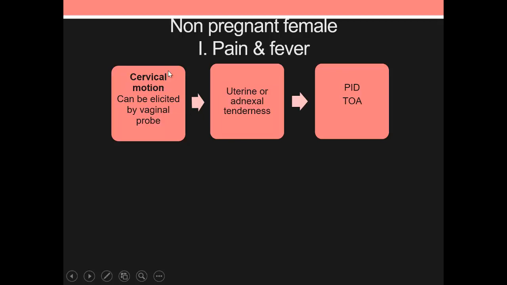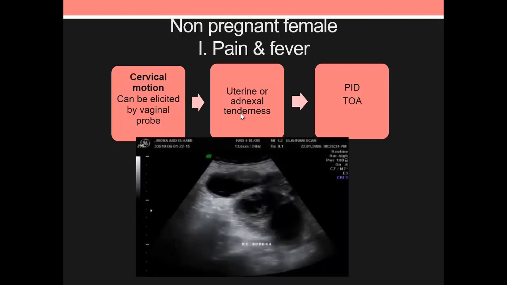So we have many tests, like cervical motion. When you do cervical motion with a vaginal probe, you find adnexal tenderness towards the affected adnexa. So at that time, we can think of pelvic inflammatory disease or tubo-ovarian abscess.